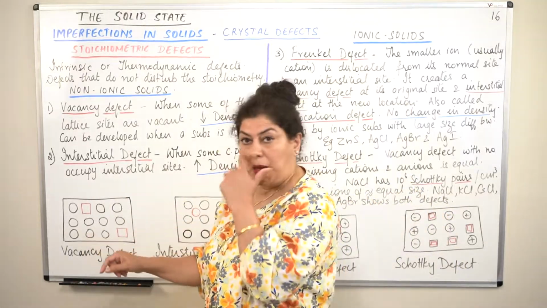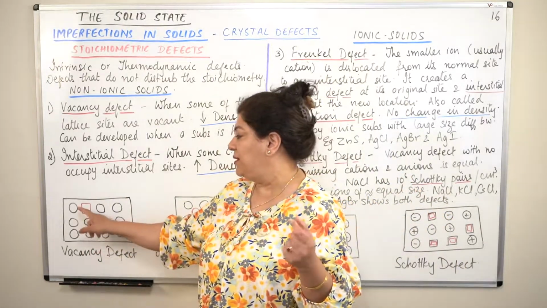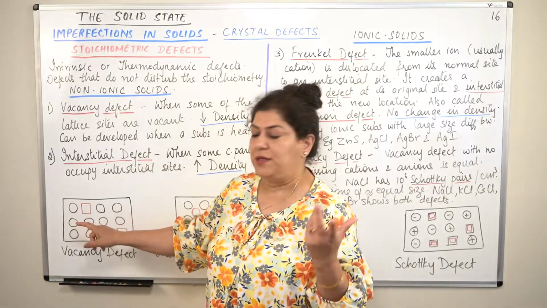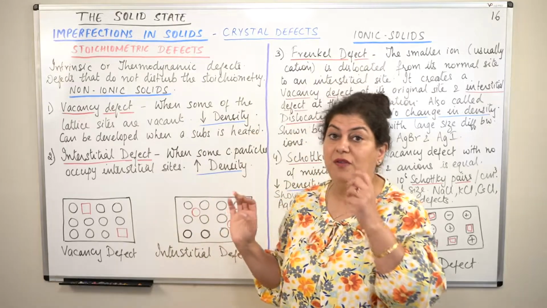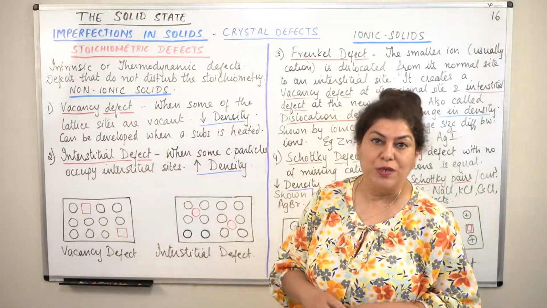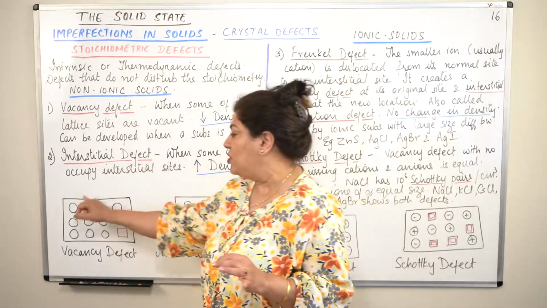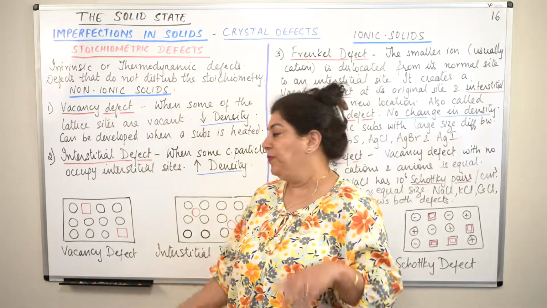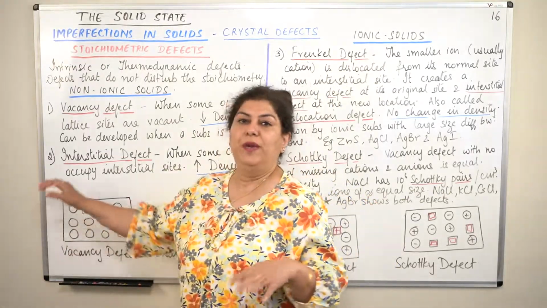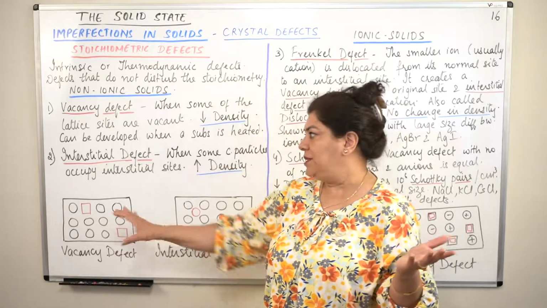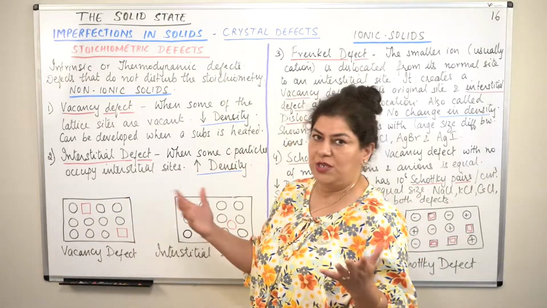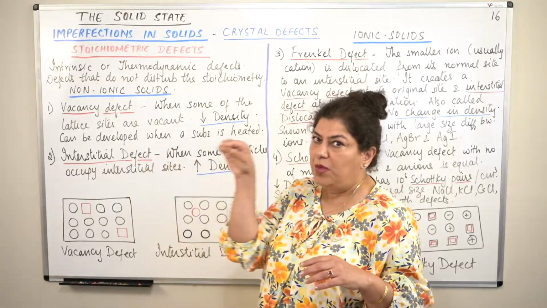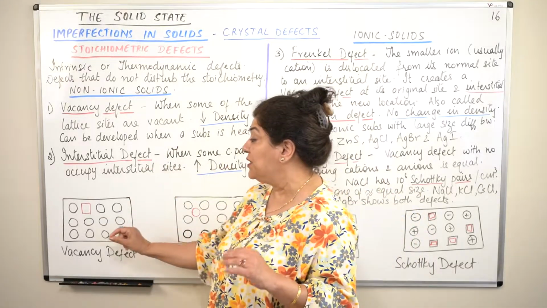In this solid, how many constituent particles are present? 1, 2, 3, 4, 5, 6, 7, 8, 9, 10, 11, 12. There are supposed to be 12 constituent particles. Let us say each constituent particle is 1 gram, and let us assume that this is 1 cubic centimeter.